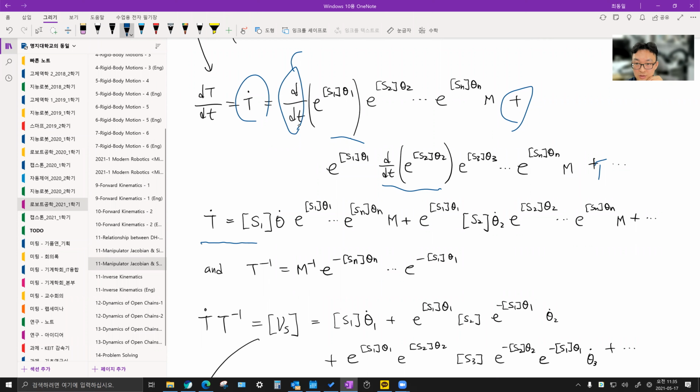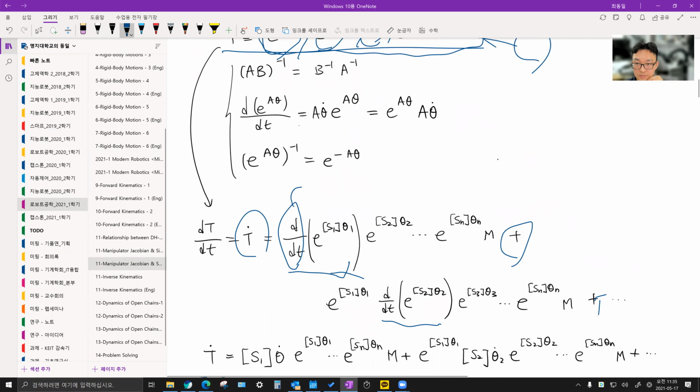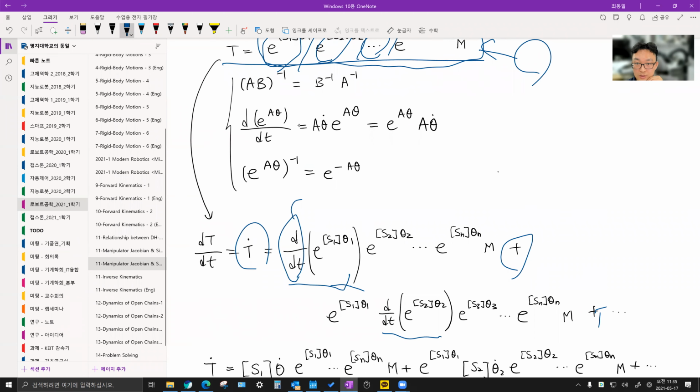So if we take the time derivative of this one, using this equation, the time derivative of exponential of a theta: a is constant, theta becomes theta dot, and the exponential part just remains. So it becomes like that.